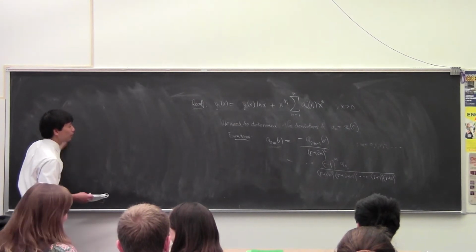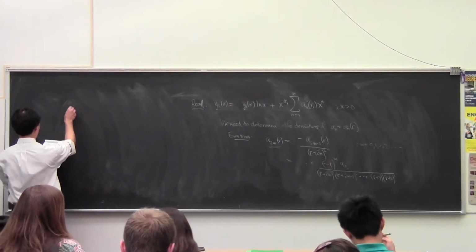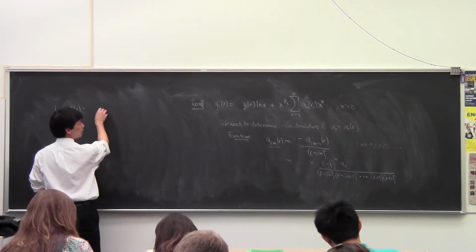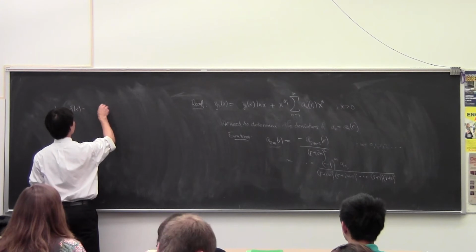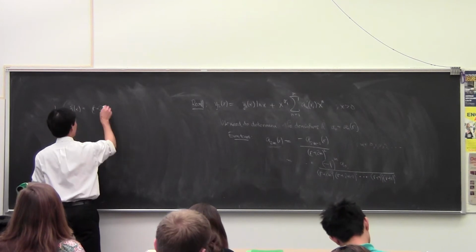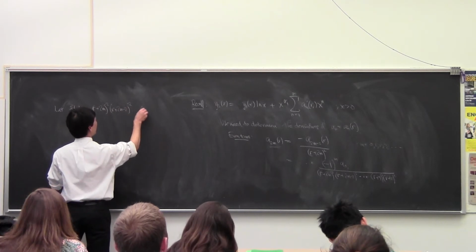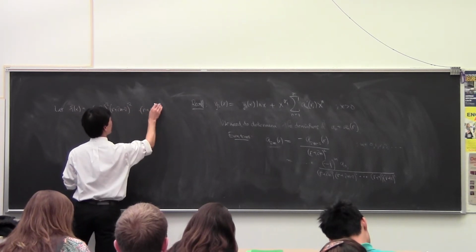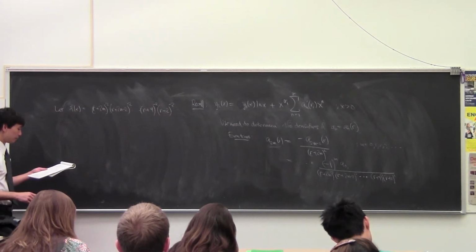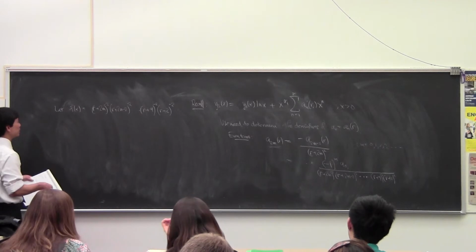So, for example, let f of x be that huge product without the constant. The trick is, of course, to take the log of both sides.